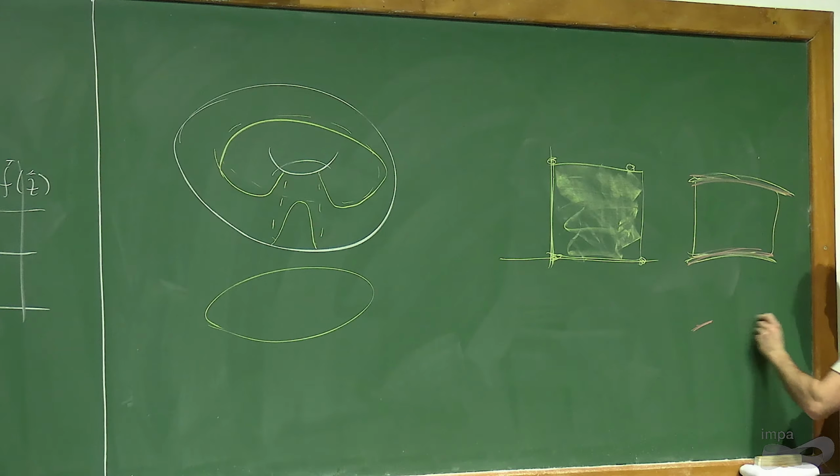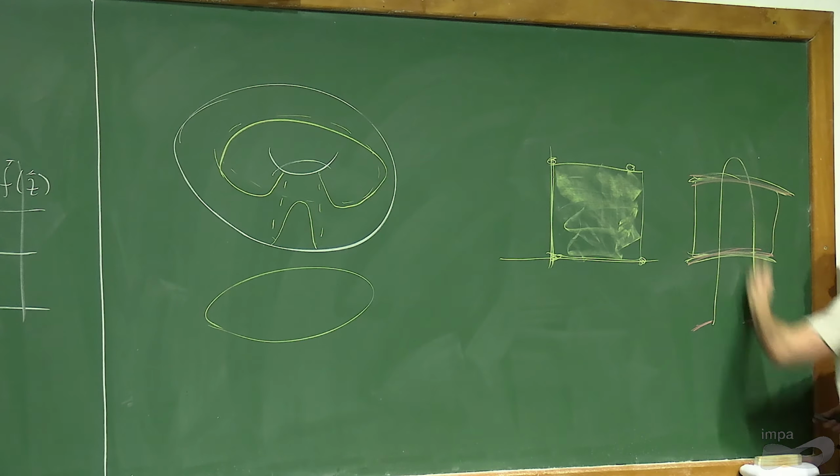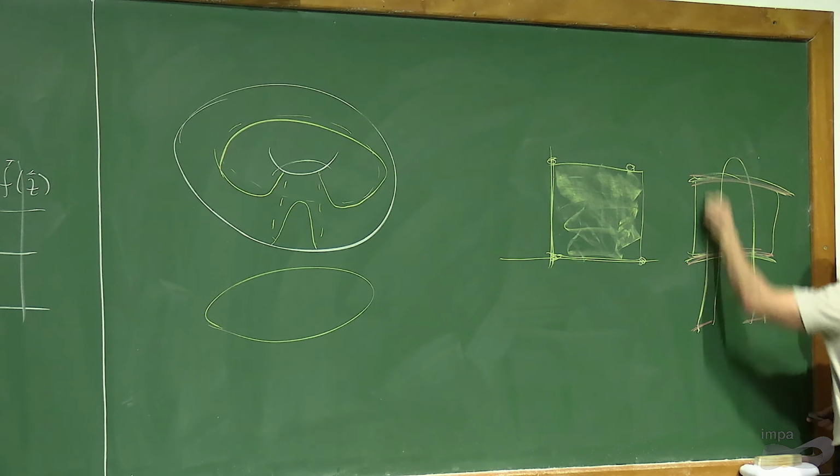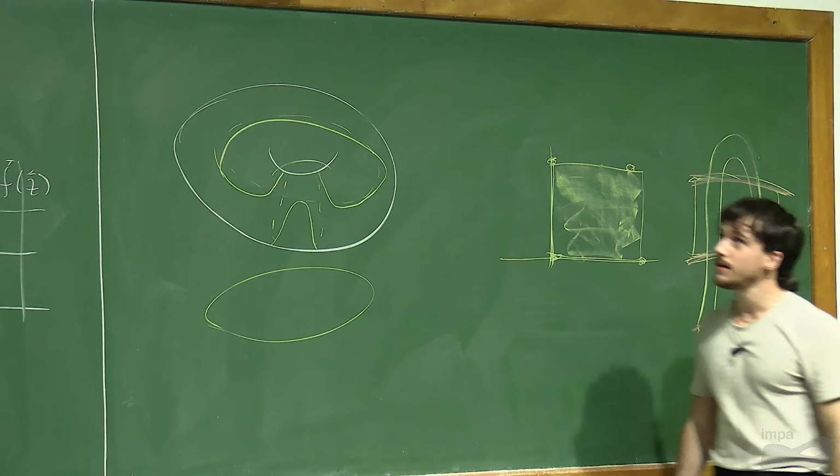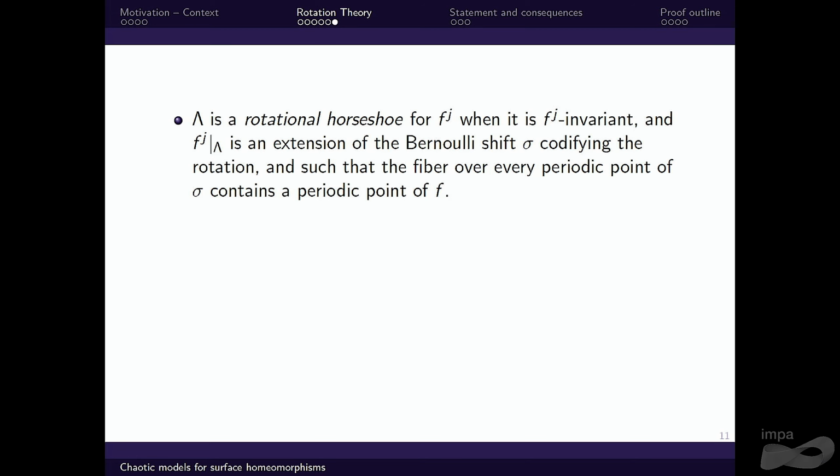If you do something like this, then you're happy, okay? But in our case, we will deal with rotational horseshoes. So in our case, instead of stretch and fold, we will do stretch and wrap, okay? So it is essentially the same thing. Let me just draw it.